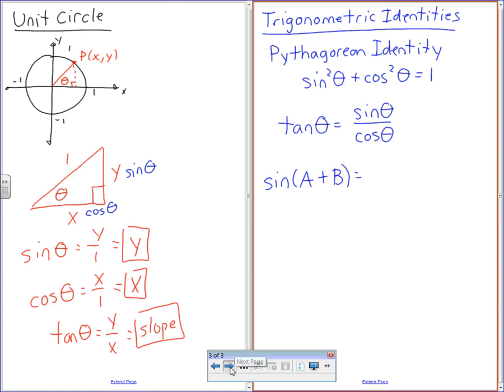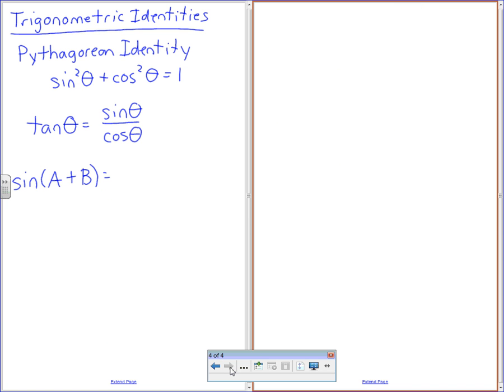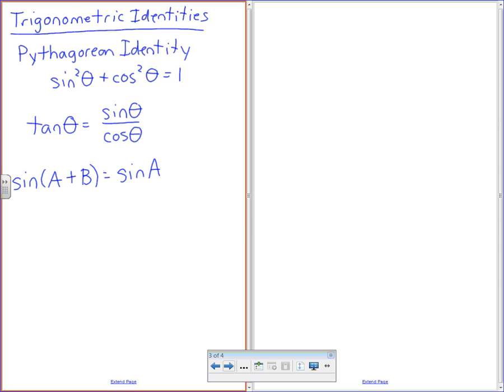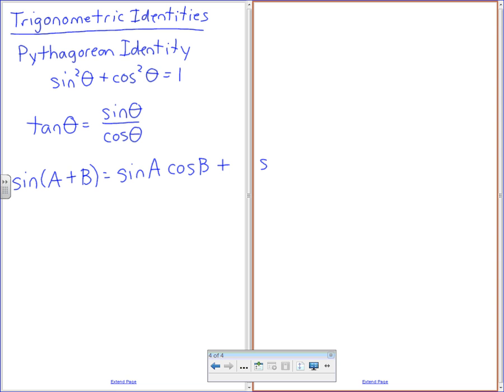I'm going to the next board here. This is equal to sine A cos B plus sine B cos A. This is something that you must commit to memory if it is not committed to memory as of yet. These four things I'm listing, you don't need to prove them, but you need to know them.